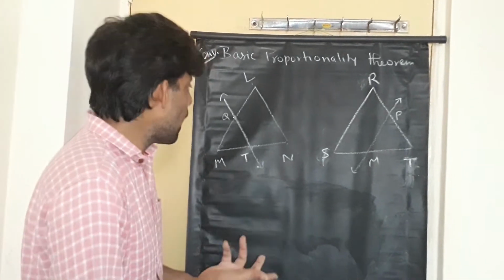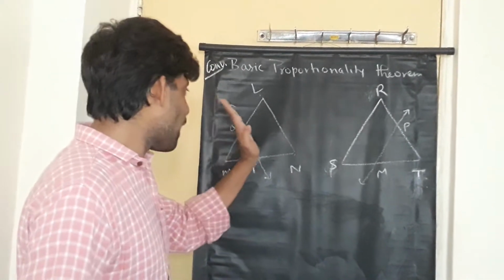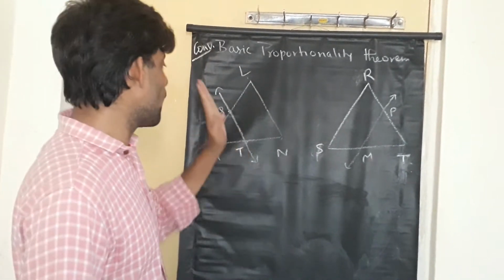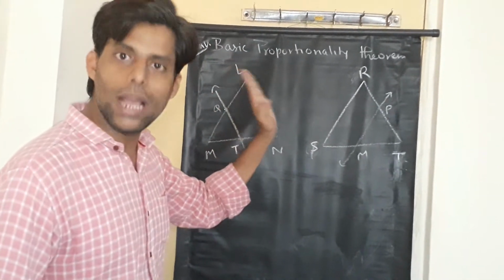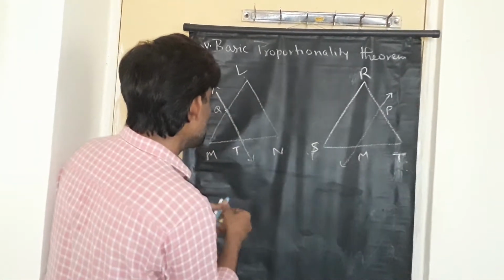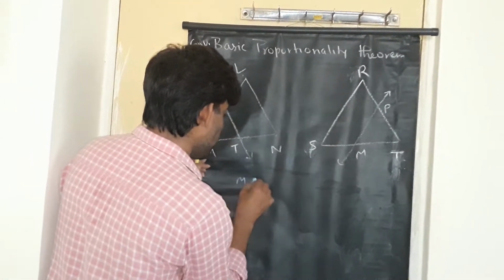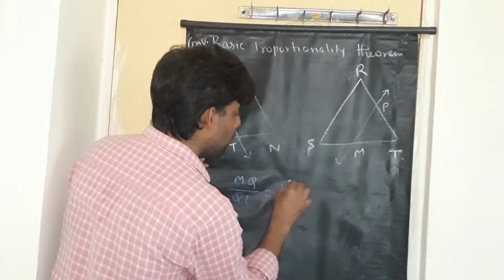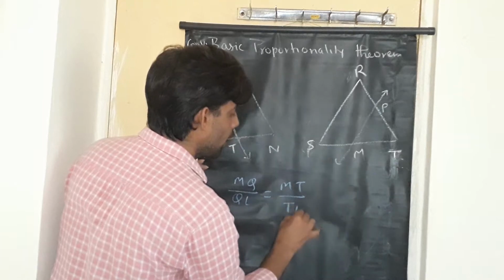So we can ask you a question. We can say that QT is parallel to LN only when the ratio MQ upon QL will be equal to MT upon TN.